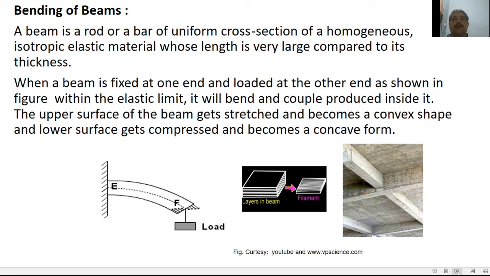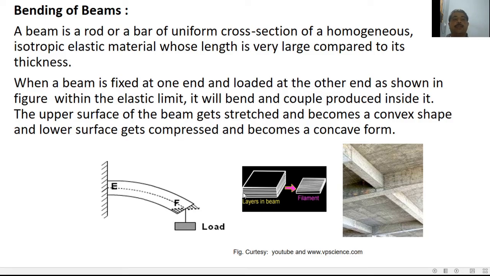Next, bending of beam. A beam is a rod or a bar of uniform cross section of a homogeneous isotropic elastic material whose length is very large compared to its thickness.